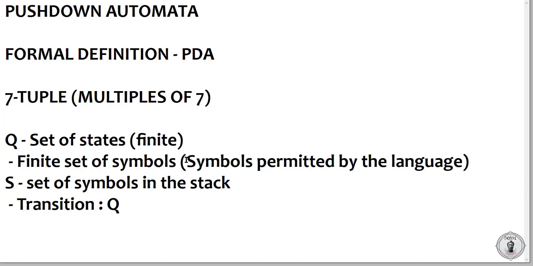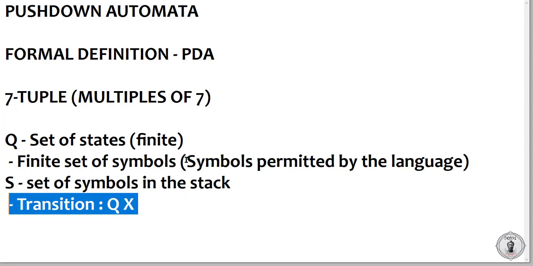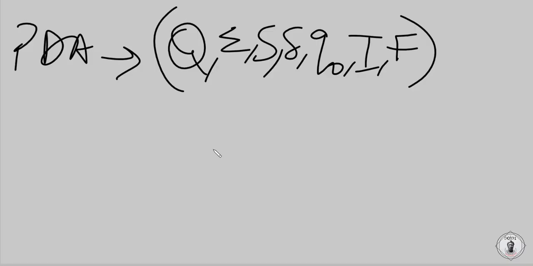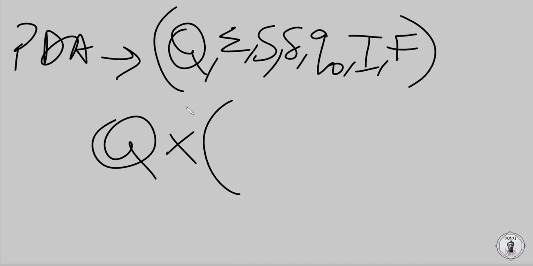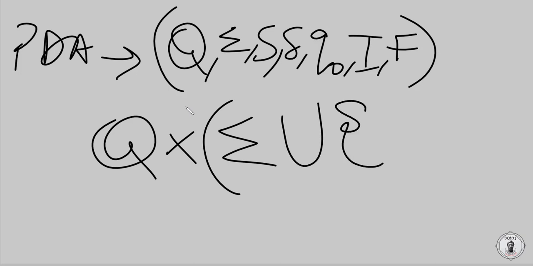your set of states, and you have it mapped to either sigma itself. I don't know how to represent that, so let me just put that in writing so that you can use the board. So I have that such that I have this, and it is mapped to either one of the symbols or an empty set.